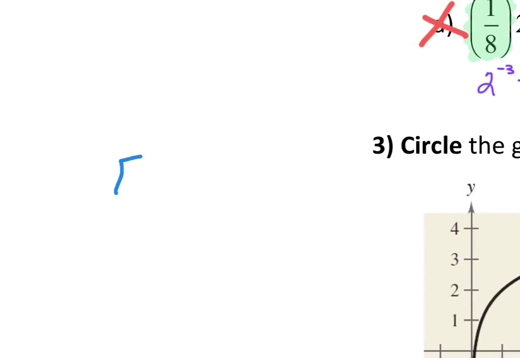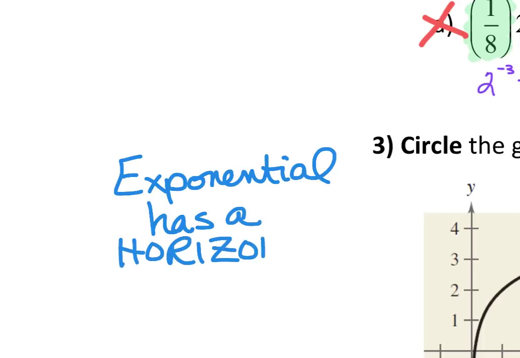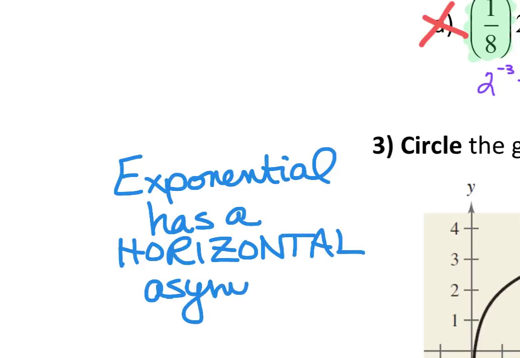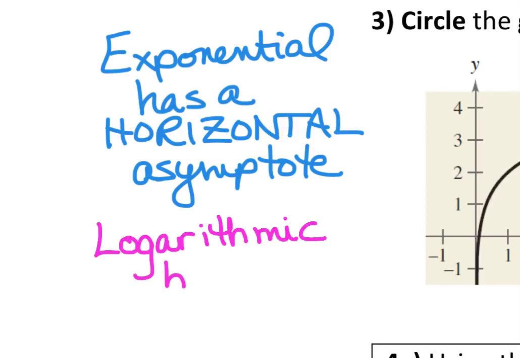The difference here is that an exponential function has a horizontal asymptote, and a logarithmic function, let me change colors here for a second, has a vertical asymptote.